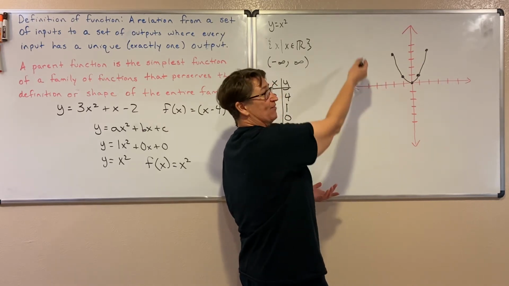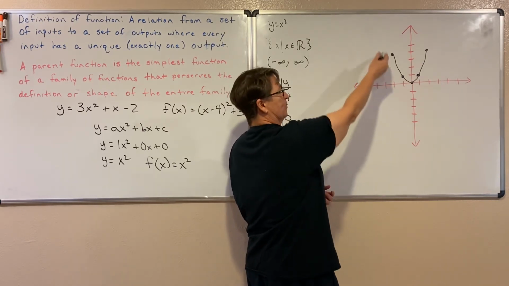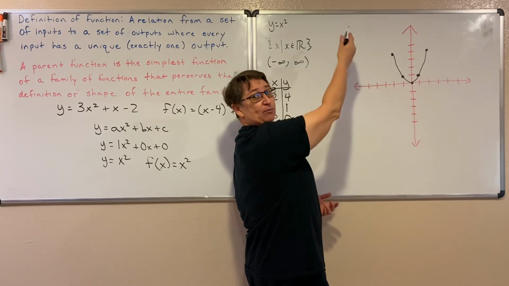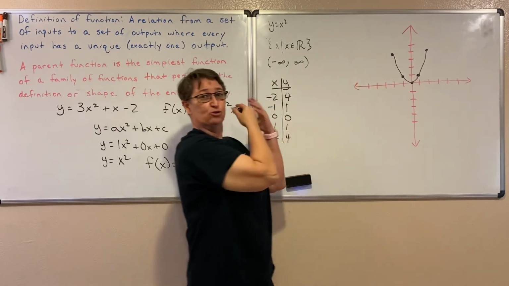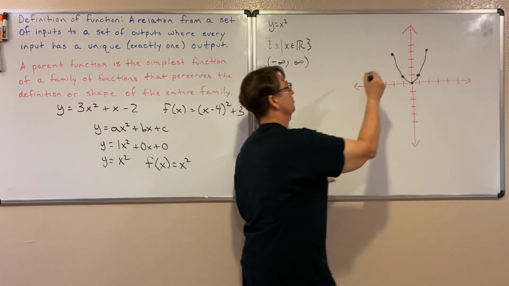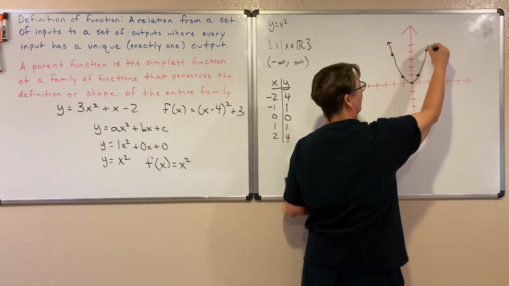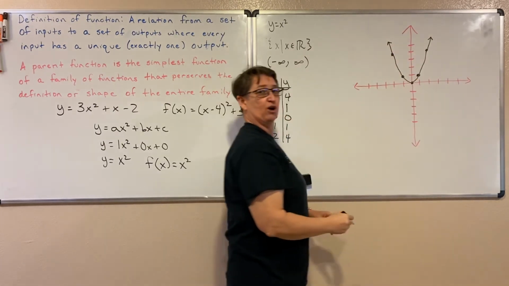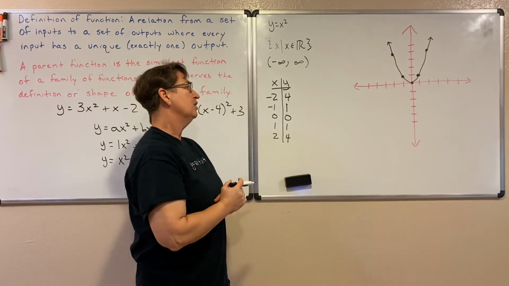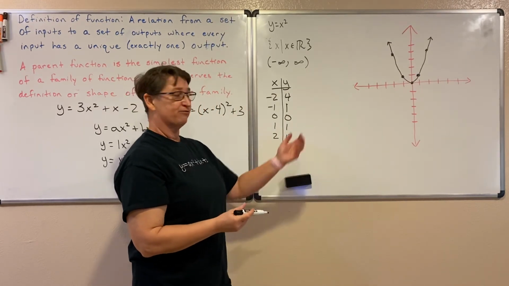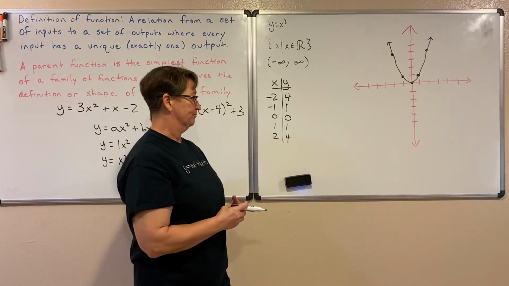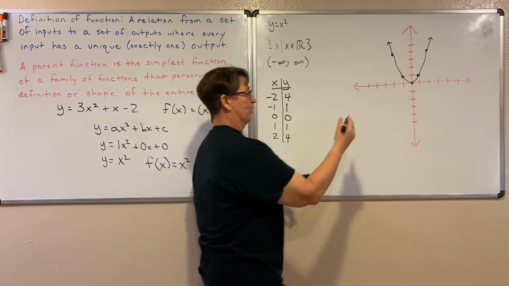If I put in -3, I'm going to get out 9. If I put in 5, I'm going to get out 25. I can keep doing that forever and ever. So I'm just going to show that by putting these arrows on the ends of my graph to show that it goes on forever and ever. And there is the parent function of our quadratic function that we have graphed.